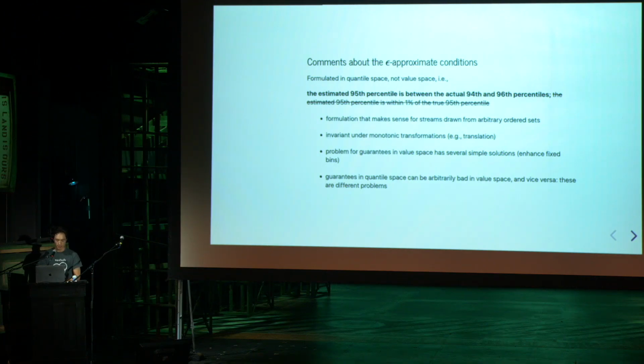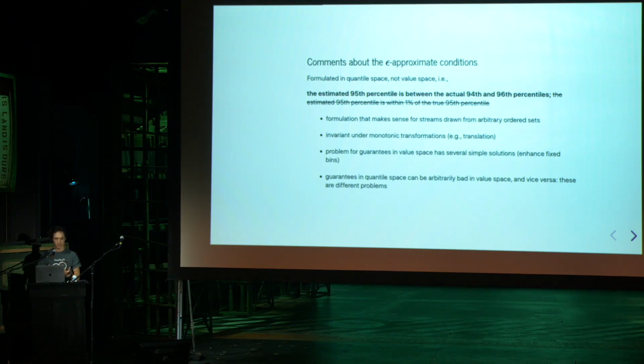It's also the case that the problem of guarantees in value space has several simple solutions. Basically, if you're interested in relative error bounds in value space, you can just use logarithmic histograms, right? It's not really that much controversy. We don't need to write any papers about this. It's fairly straightforward. And then perhaps most amusing, guarantees in quantile space can be arbitrarily bad in value space and vice versa, right?